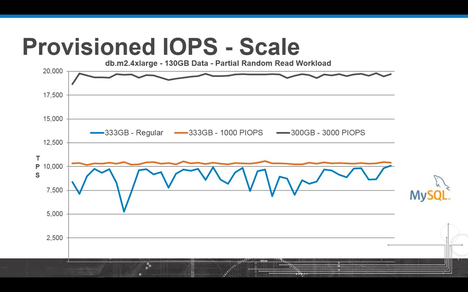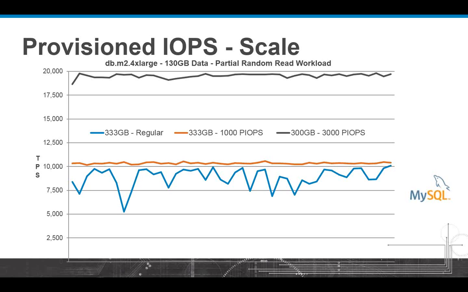So here is a benchmark that one of my colleagues performed, comparing the TPS, transactions per second, for a benchmark across standard storage, which is referred to as regular here, and 2 provisioned IOPS instances. As you can see in the blue line at the bottom, the performance of the standard storage instance is very variable.